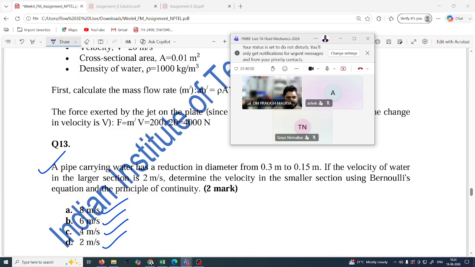Okay, Ashok is telling option A is correct. I'll wait 2-3 minutes more, no issue. You solve very carefully.